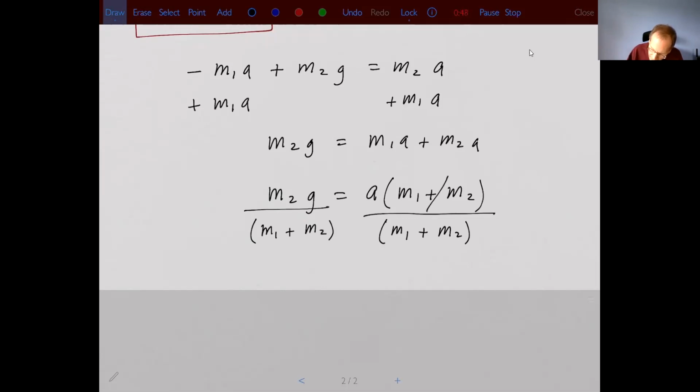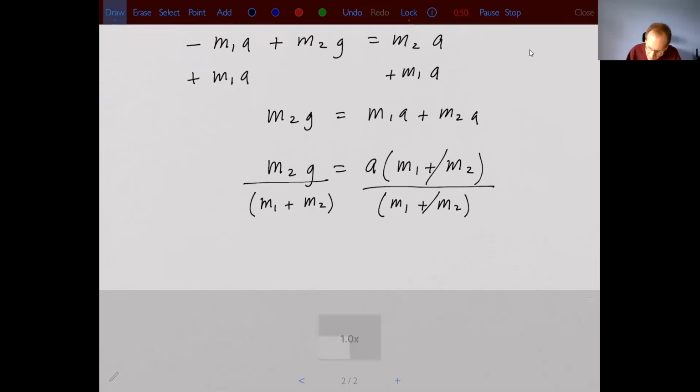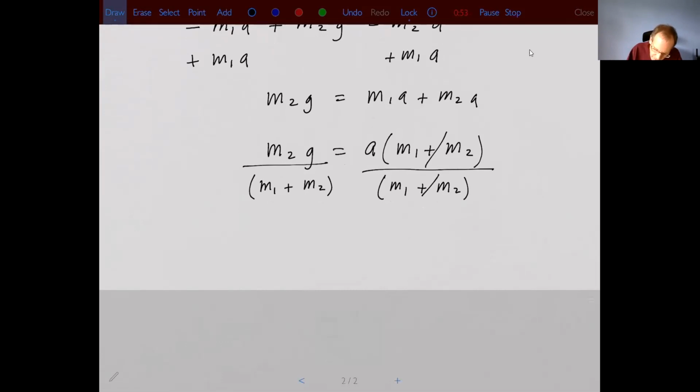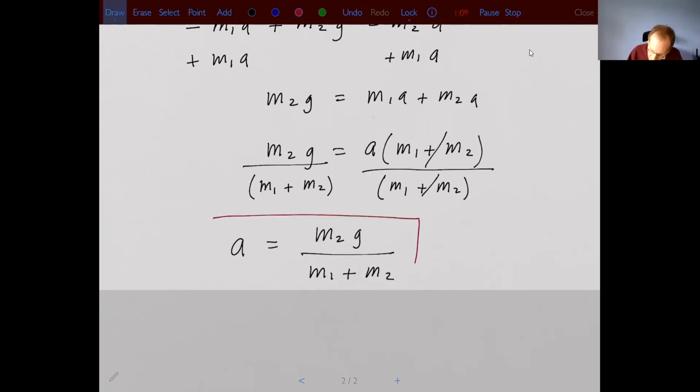So these will cancel now. And then finally, I'll write it so a is on the left-hand side. I have a is equal to m2g over m1 plus m2. And that's what we were trying to find, right? That's going to be the theoretical acceleration of the system.